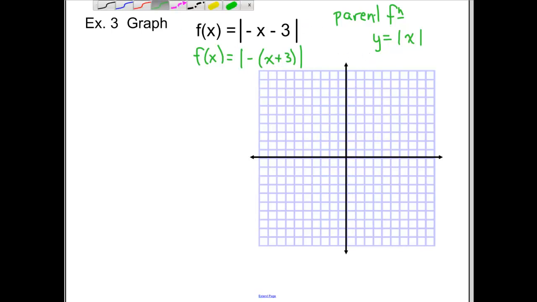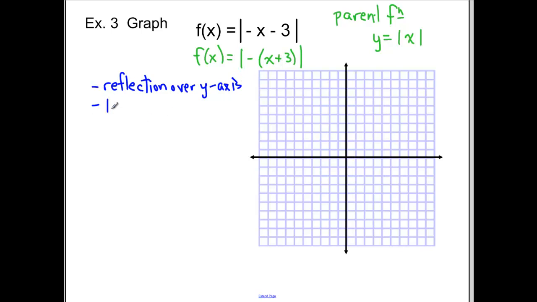So let's write out what these transformations are again. So we have a horizontal reflection, or I'm just going to say a reflection over the y-axis. And the second thing here was a shift left 3.